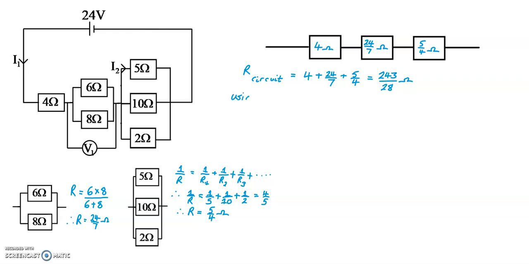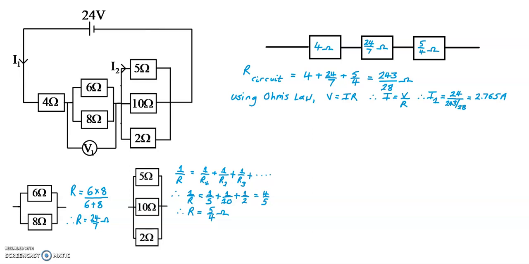So using Ohm's law, which is V equals IR, if we rearrange this and make I the subject, I equals V over R. Therefore, I1 equals the potential difference of the cell, in this case 24 volts, over the total resistance of the circuit, which is 243 over 28, to give I1 as 2.765 amps.